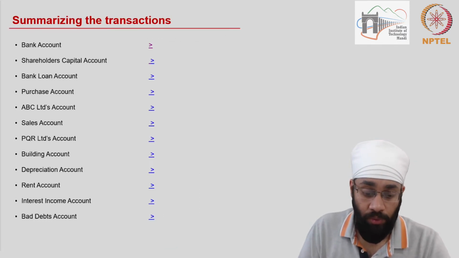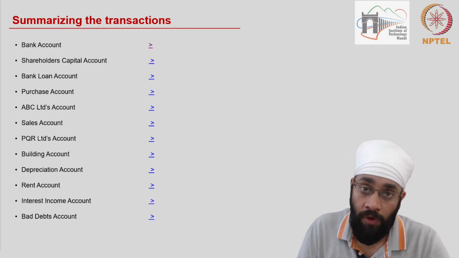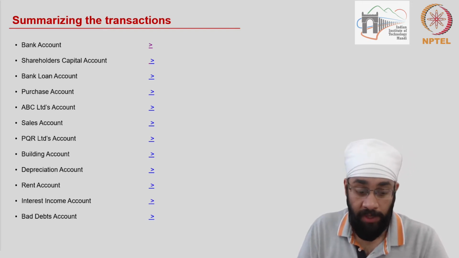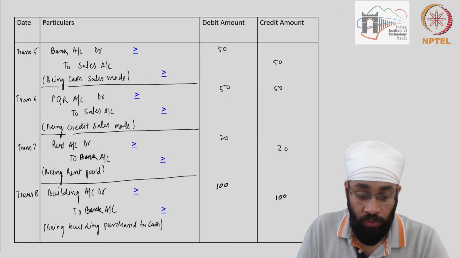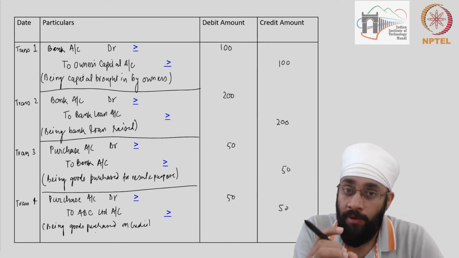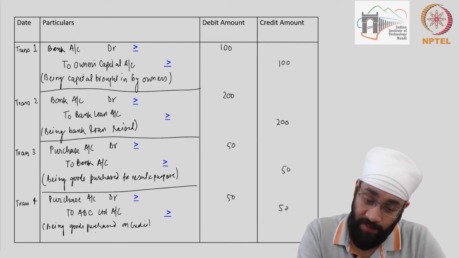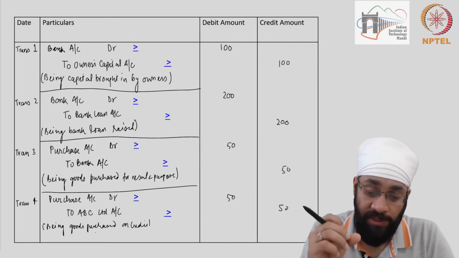So the first thing to do in ledger posting is to identify how many accounts need to be prepared, and then get those formats ready. The next step is to look at the transactions one by one, and move these transactions from journal to ledger. Let us do that process now.